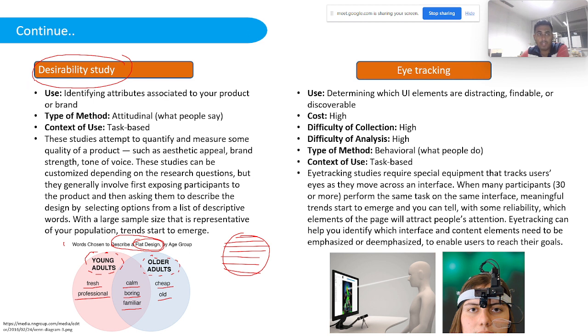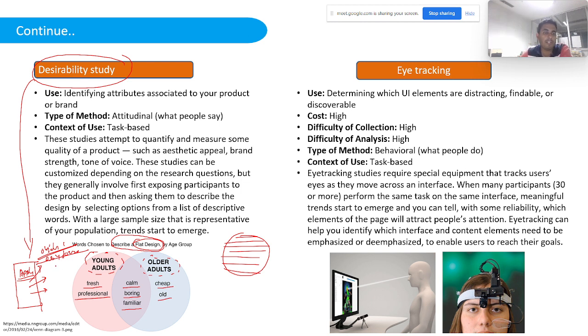So we can use this particular study to identify what sort of features they are looking for in a particular application. So you ask this particular question, and then if you have a certain objective, like for example here it's a flat design, or an objective like easy to use, different people may have different perspectives on easy to use.